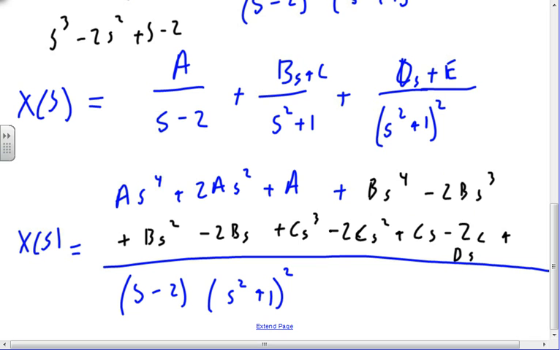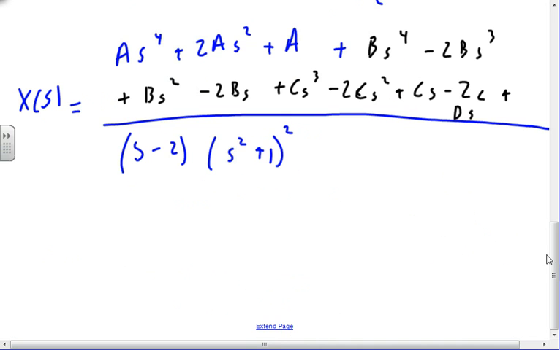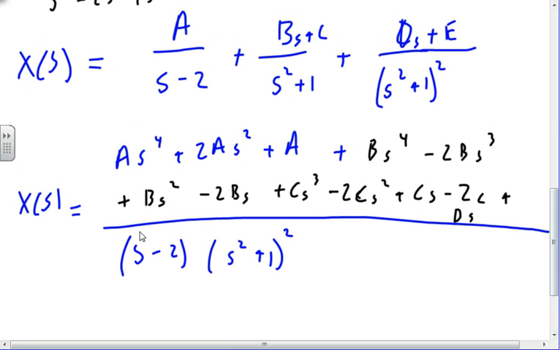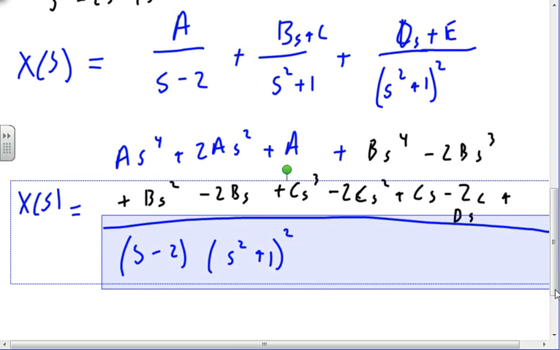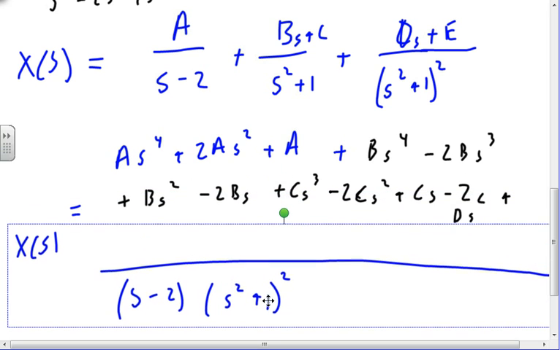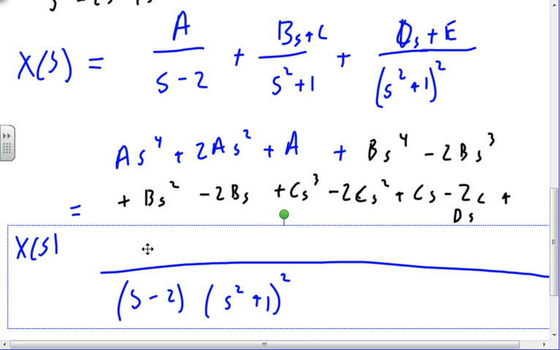I still ran out of room, even though I left enough room so I wouldn't run out of room. Wouldn't you know it? Okay, so I'm going to bring that guy down. All right.